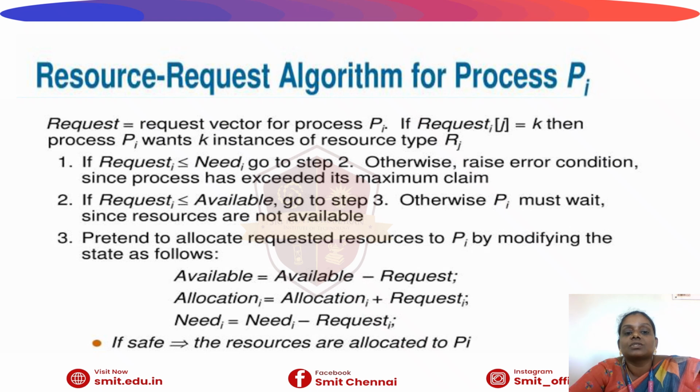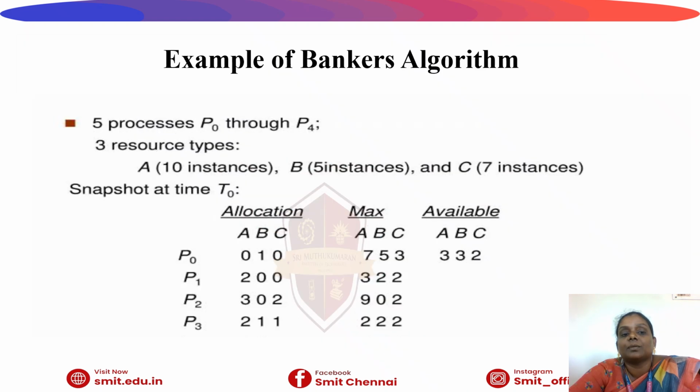If the condition is true, the process proceeds. Then Available equals Available minus Request, Allocation equals Allocation plus Request, and Need equals Need minus Request. If the state is safe, the resources are allocated to Pi.